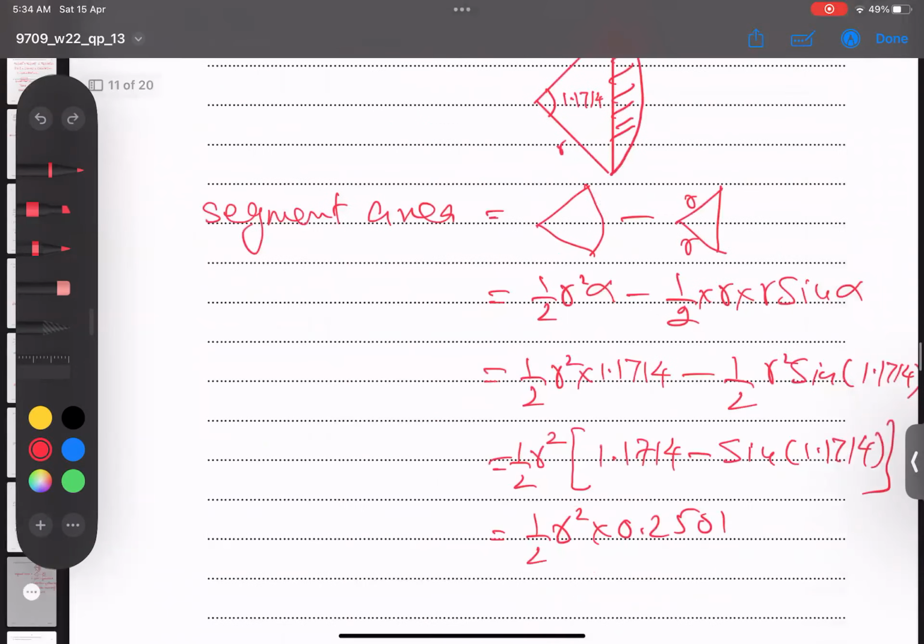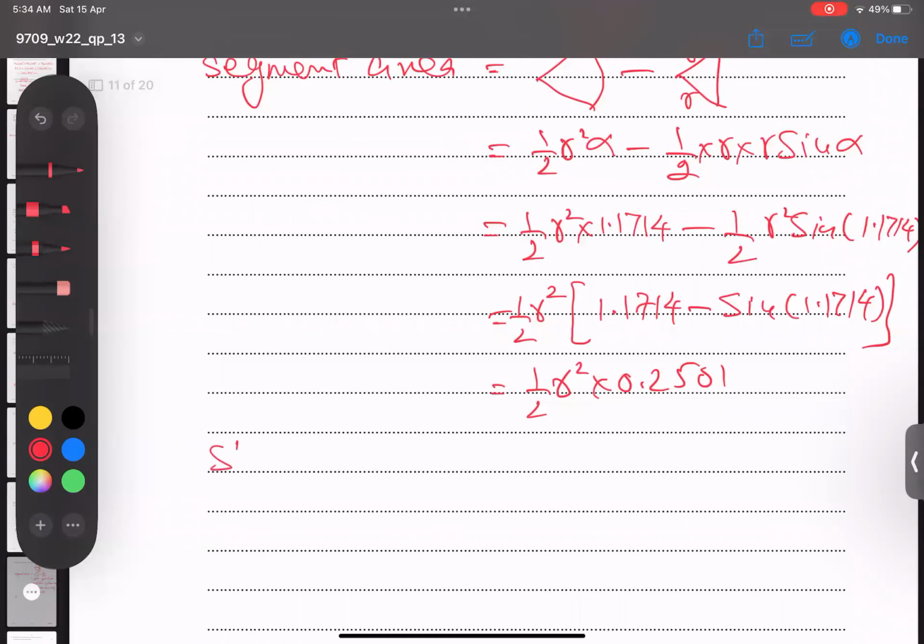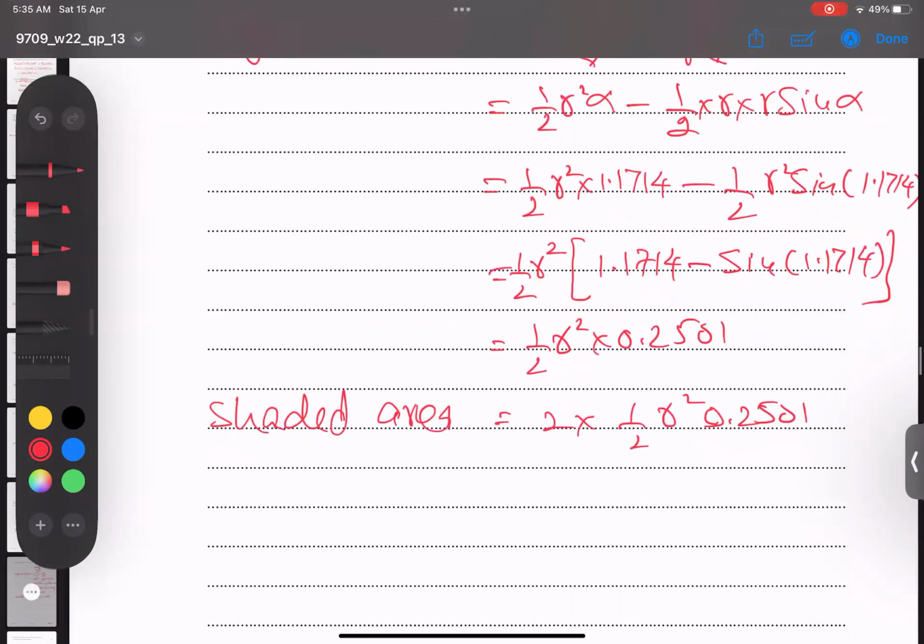So I'm writing here the shaded area: the whole thing times 2, 0.250. This 2 will cancel out, and my answer is 0.25 r to the power 2. This is my final answer.